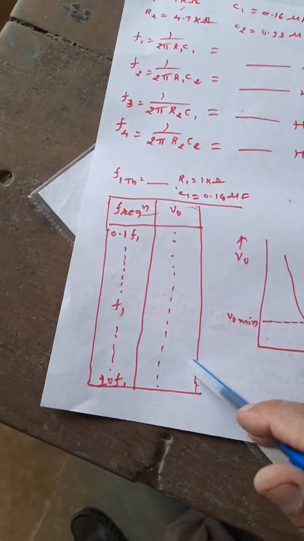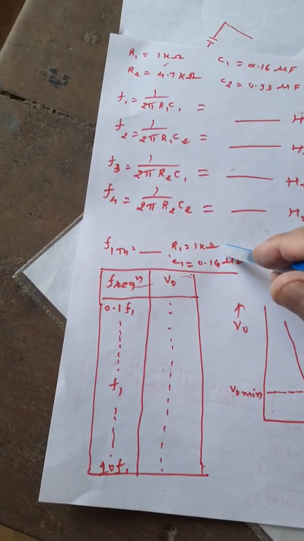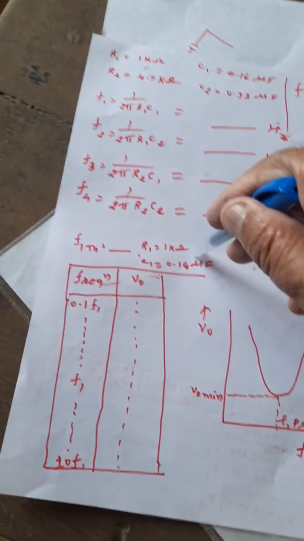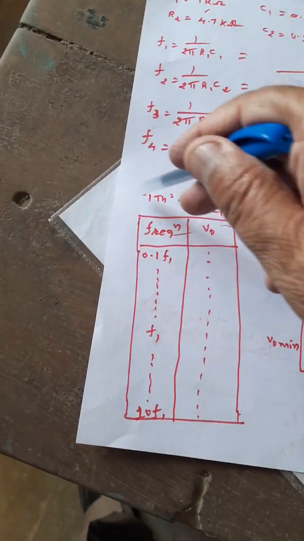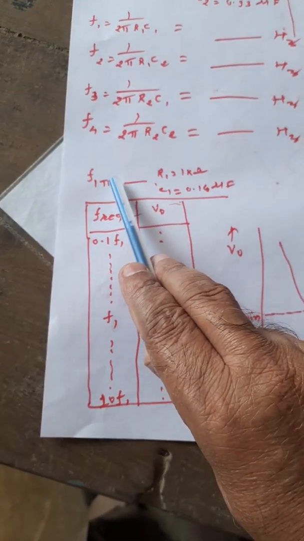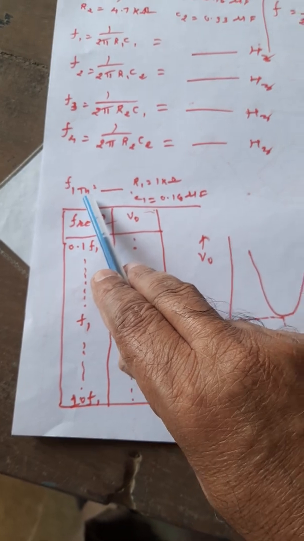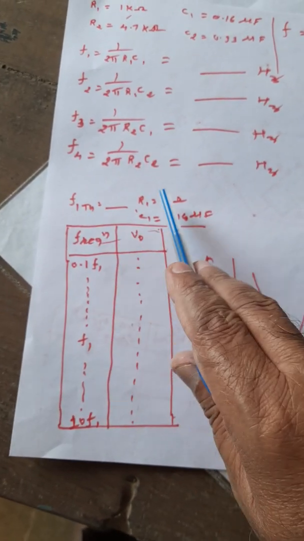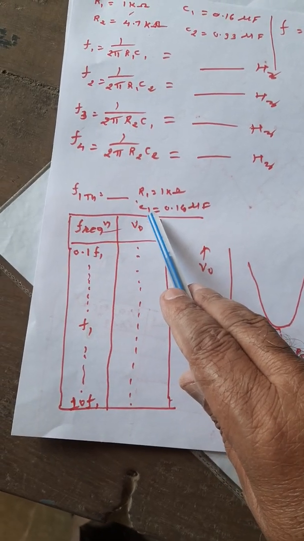we are going to prepare an observation table where we first select for which balance frequency we are going to perform the experiment. So we have selected F3. First you note down the value of the theoretical balance frequency F3TH, that is the theoretical frequency, for the values of R2 and C1.